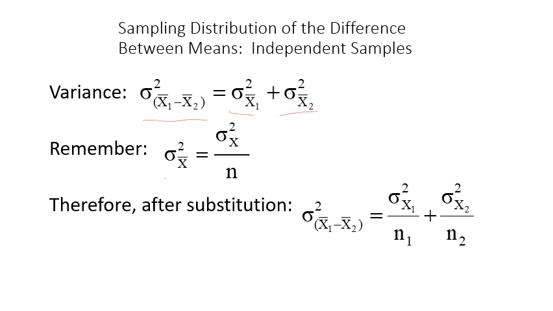But the variance of the sampling distribution of a sample is equal to the variance of the population divided by n. So we can substitute this in for this. What does that mean? We can substitute in the variance of sample 1 divided by the n of sample 1 plus the variance of sample 2 divided by the n of sample 2, in place of the variance of the differences between the means.